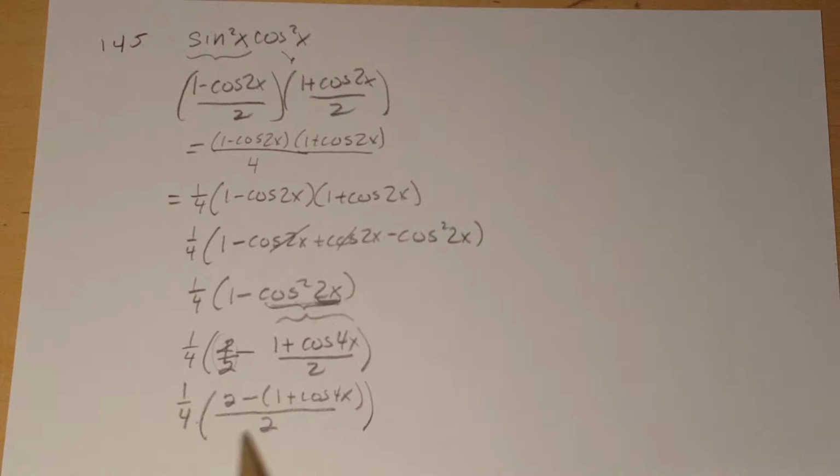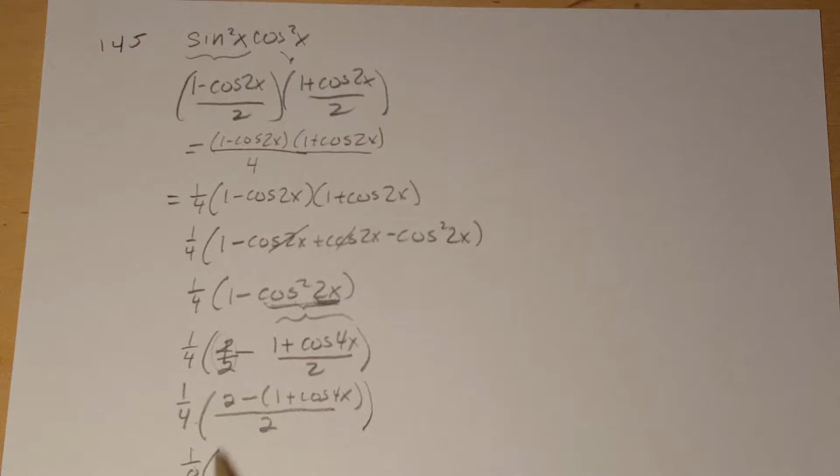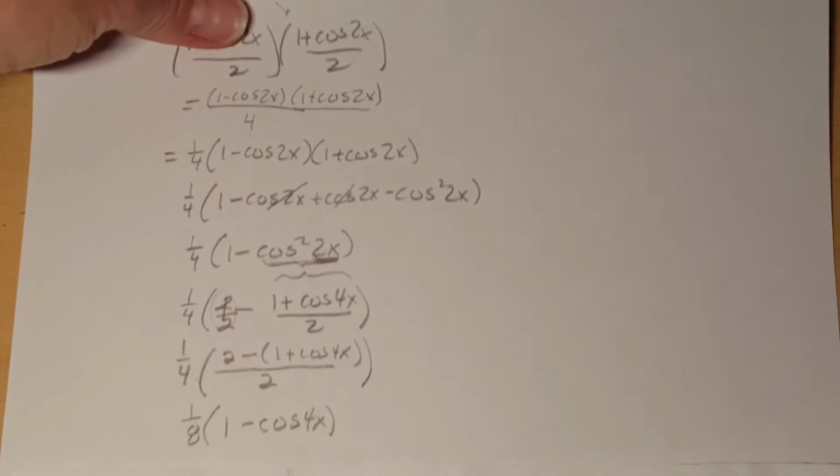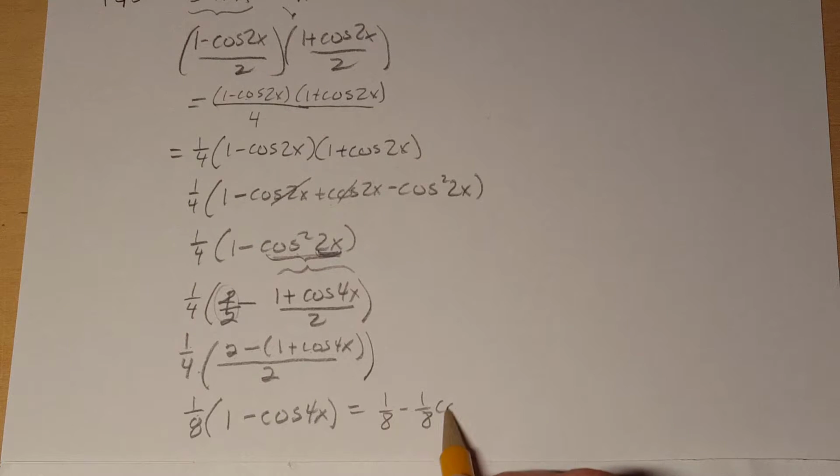That's like 1/4 times a half, so we have 1/8 times 2 minus 1 is 1, and then minus cosine 4x. We can write it that way, or we can write it 1/8 minus 1/8 cosine 4x.